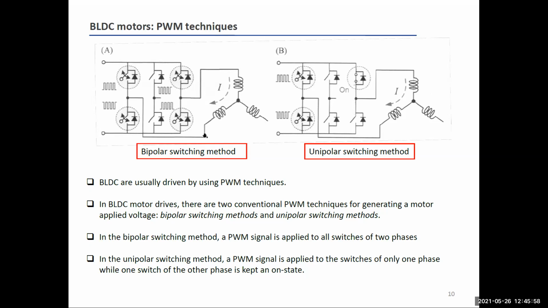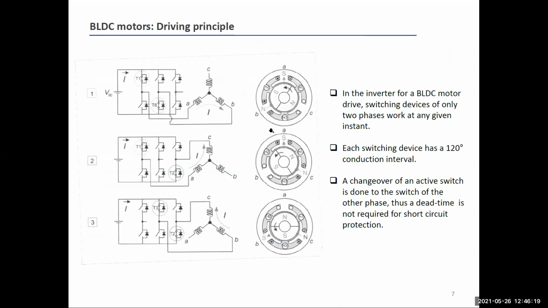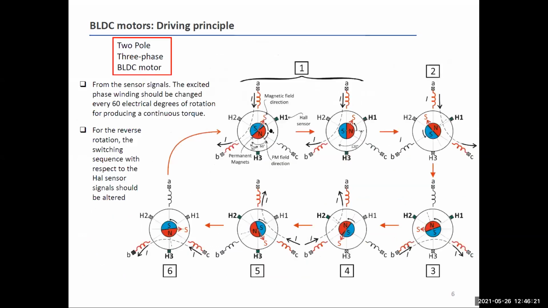The current enters here, according to the direction of this current I. So this is a C plus A minus situation. C plus A minus. So what does it mean, C plus A minus?